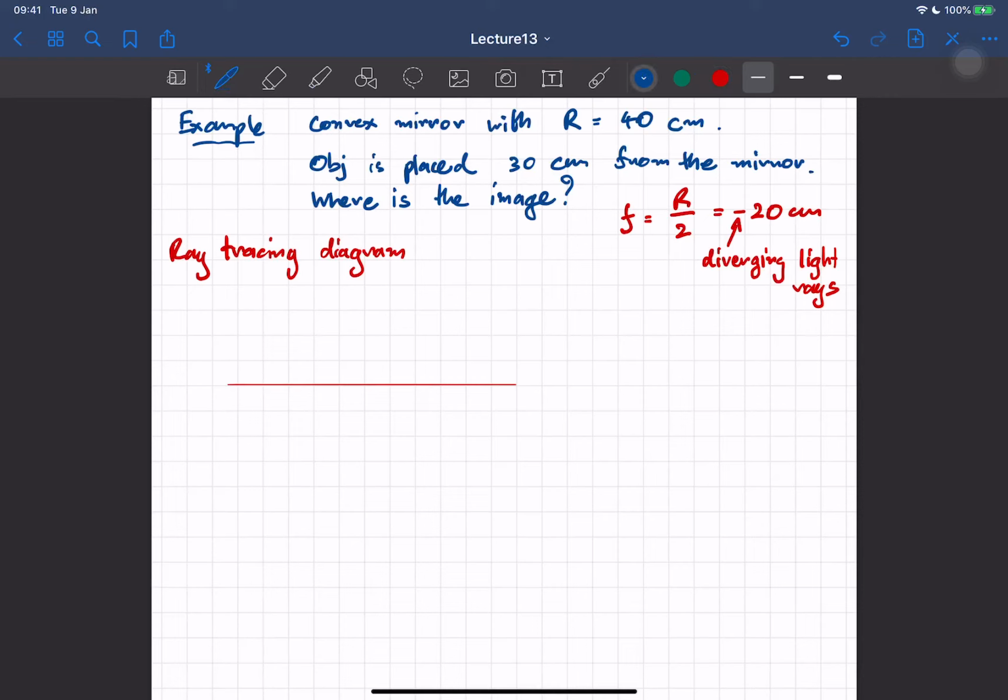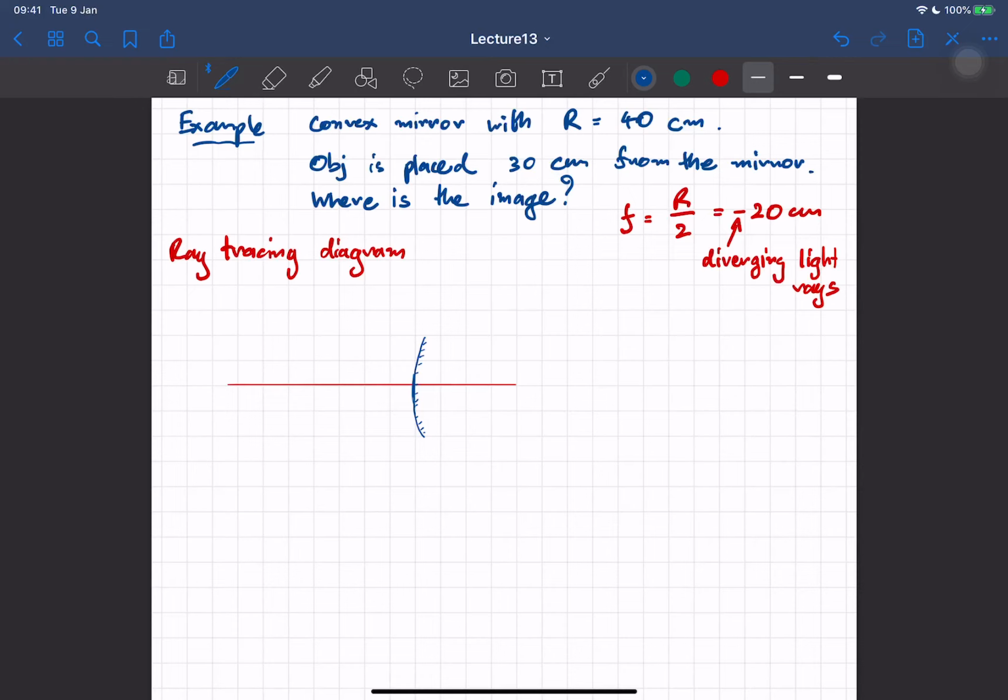So let's draw the mirror a little bit to the right. Let's draw it like this. So it's a convex mirror. Oh, sorry, it's actually the other way around. So like this, and this is the back side of the mirror. Sometimes people call it an eyelash or something, right?